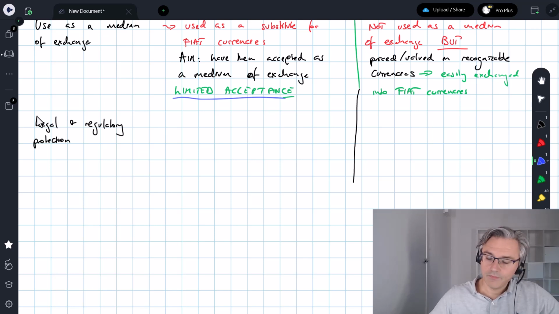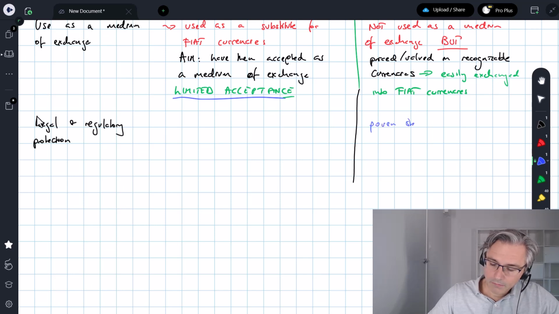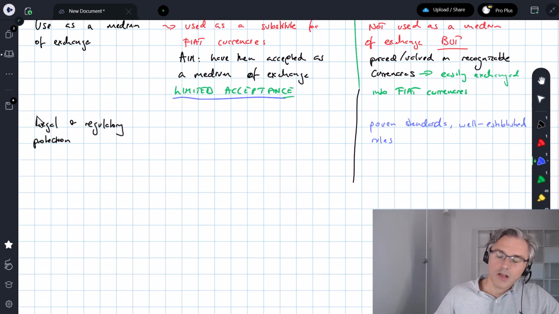There are certain proven standards that were developed over decades and centuries, well established, at least in most developed markets. Rules quite comparable across borders, obviously with some differences, but there is a lot of comparability there.